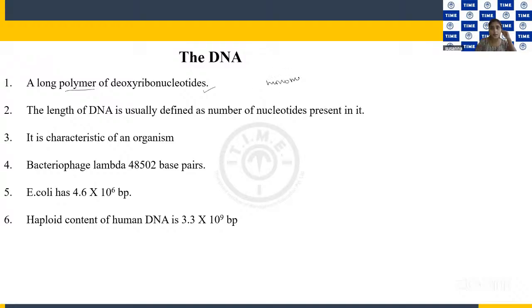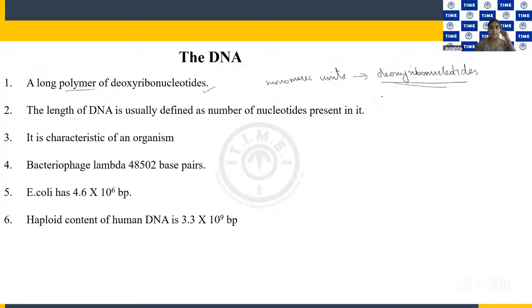Here the monomeric units are deoxyribonucleotides. So these will be the monomeric units in case of DNA, which is a polymer. We'll be studying in detail about these deoxyribonucleotides, their structure, everything.